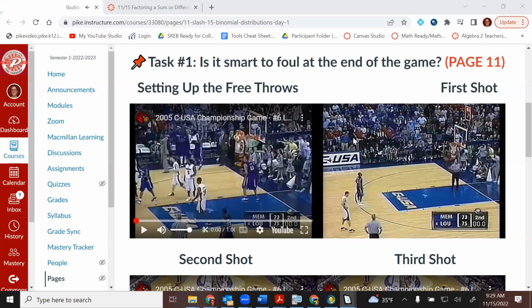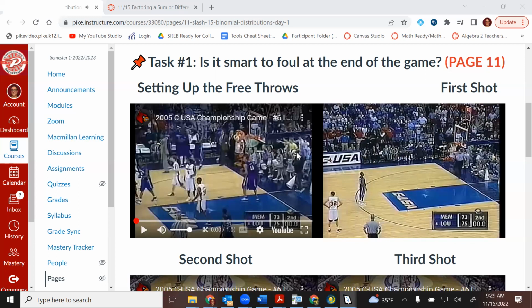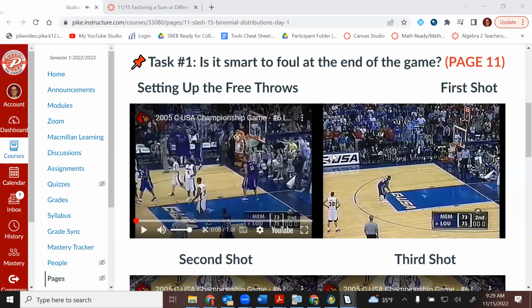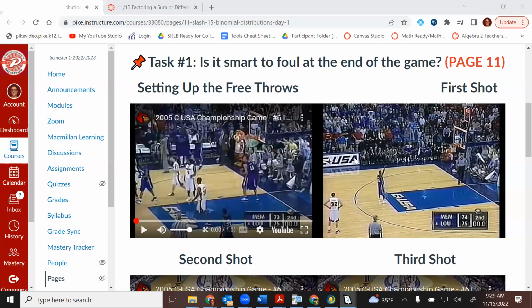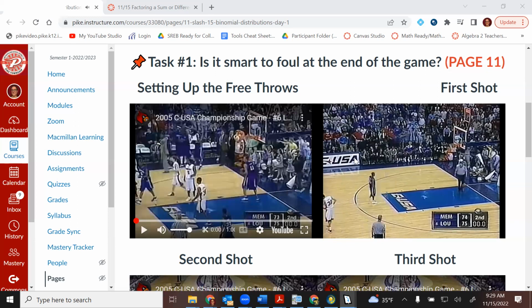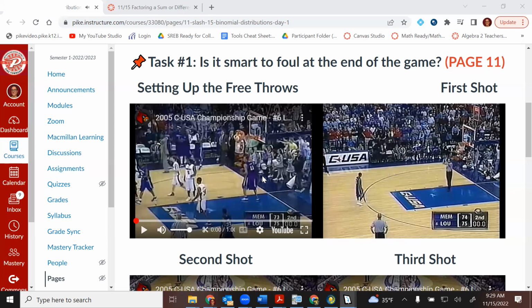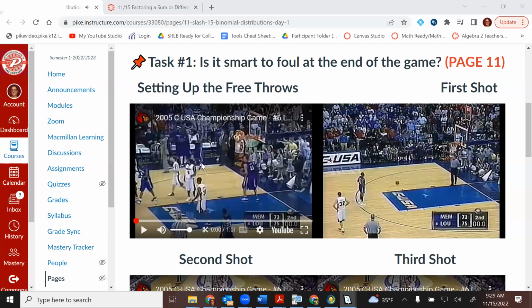What's the probability that he misses a shot? 0.28. So what's the probability at this point right now that they lose? 0.0789.